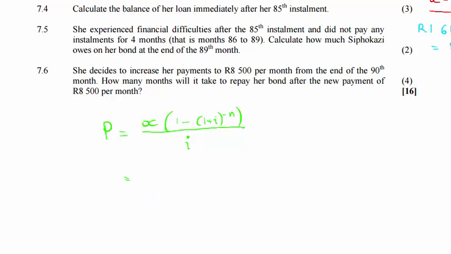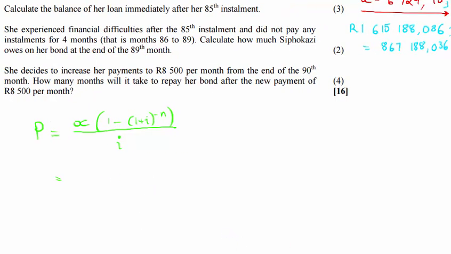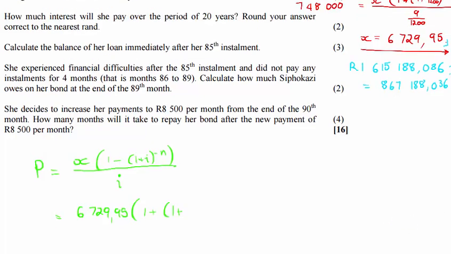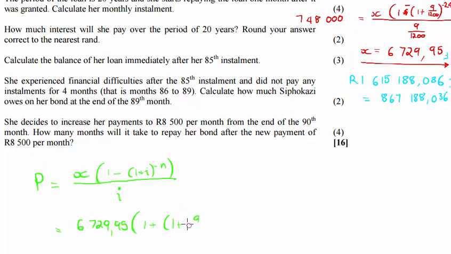We've calculated her monthly installment, which is 6729.95, times 1 plus the interest rate, which was 9% over 12. How many payments are left? 155.